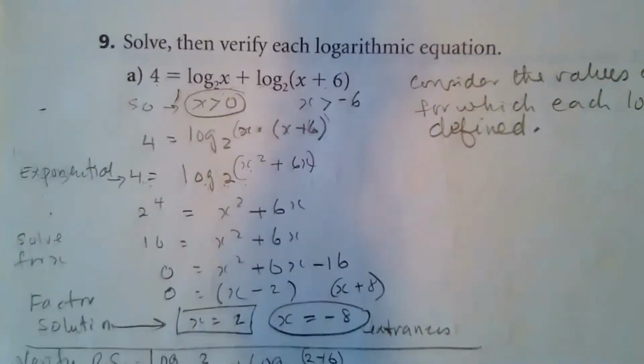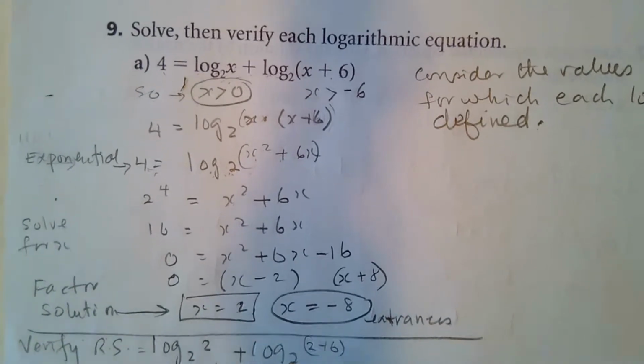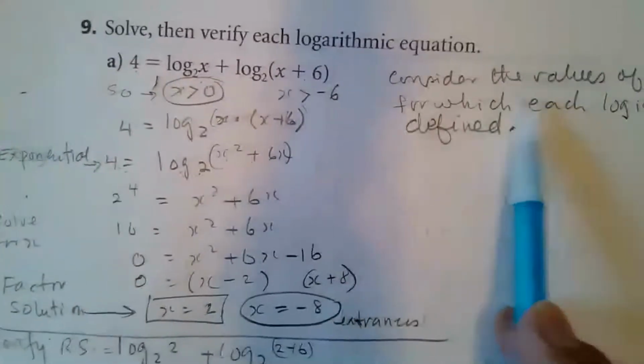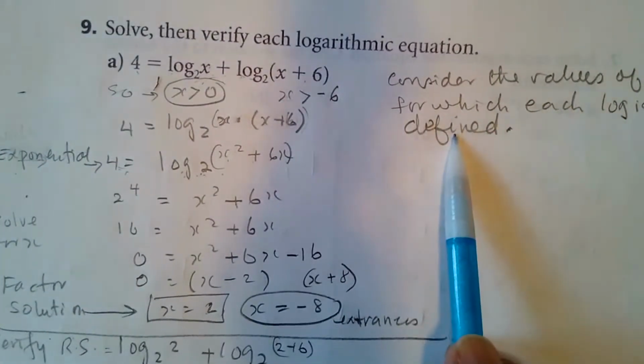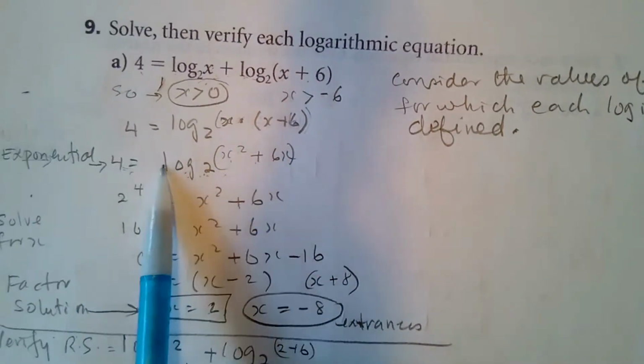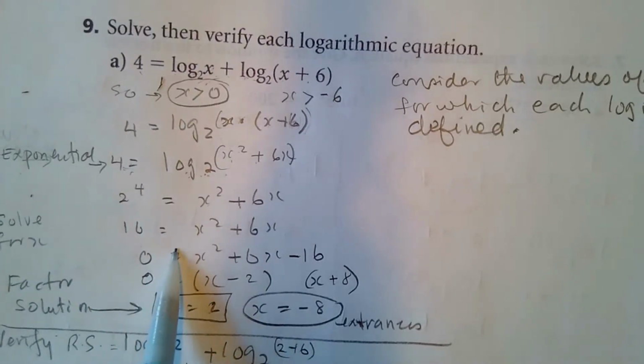So just a review here. Whenever we are solving a log equation, the first step is to consider the values of x for which each log is defined. Once we have that, we can change to exponential form and solve for x.